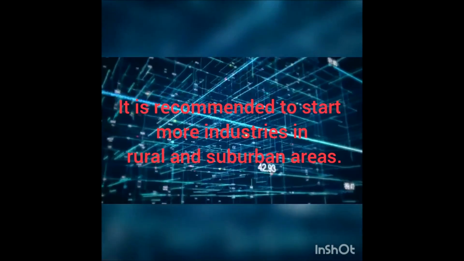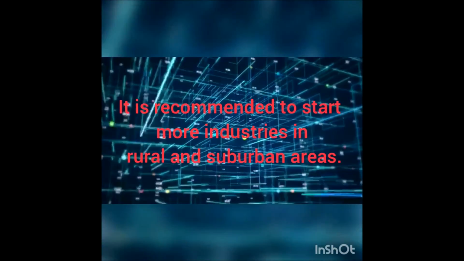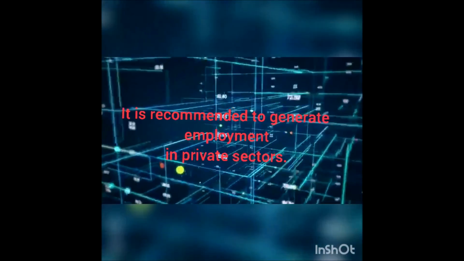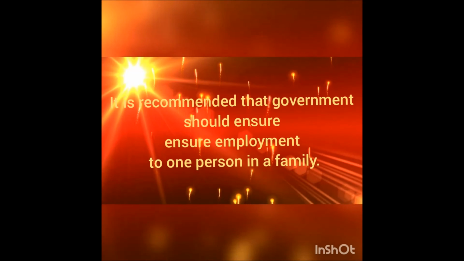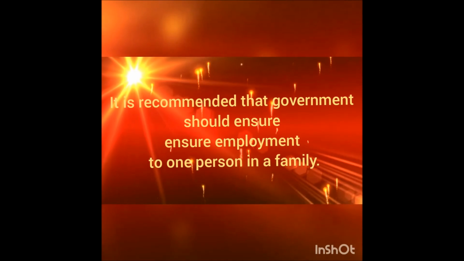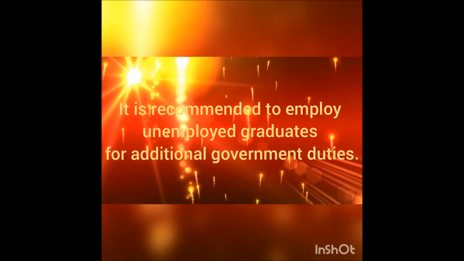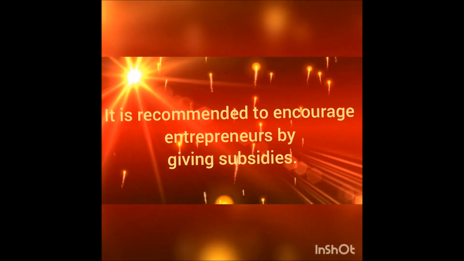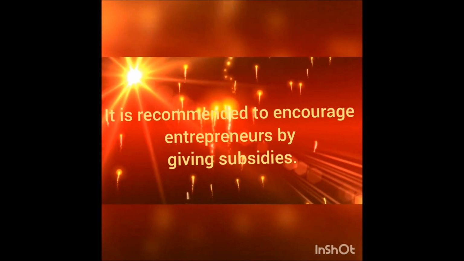Here the clue point is you can start more industries in rural and suburban areas, and you can generate private employment sectors, and also focus on ensuring employment to a person in a family. And also you can employ unemployed graduates, give them government duties, and also give them subsidies.